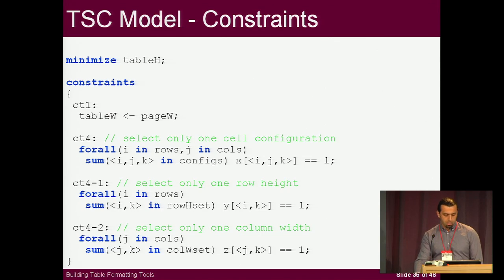Table width has to be less than the page width. Then each of the values that are selected for the cell and rows and columns have to be selected only once.